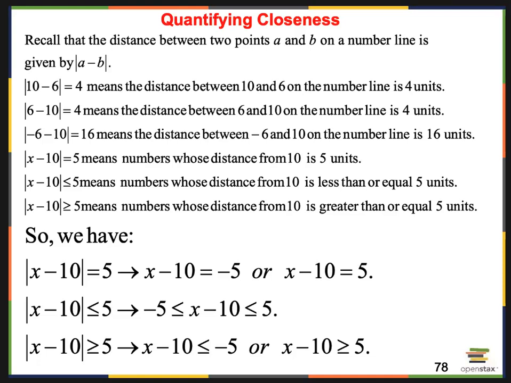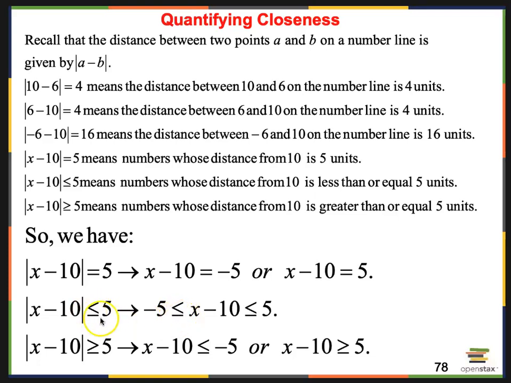For that first one, we have x minus 10 equals negative 5, or x minus 10 equals 5. You might remember how to solve an absolute value equation: you split it into two equations, and that's what we did for this first one. Then we can solve this and find out what x is. What if it's an inequality?